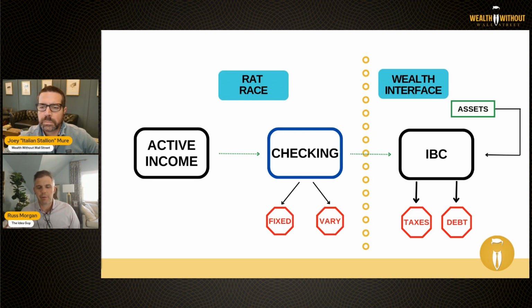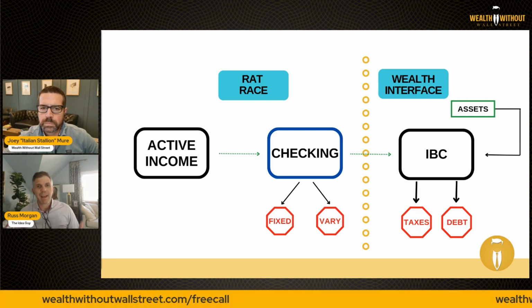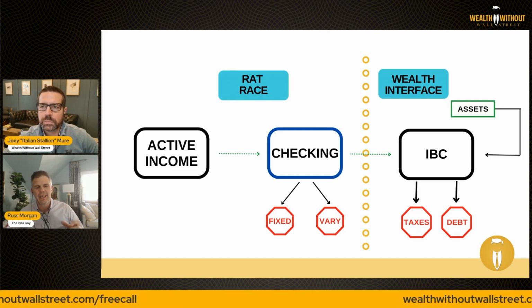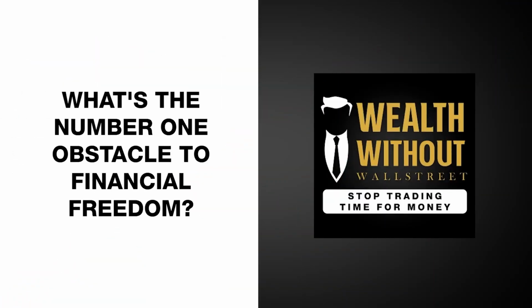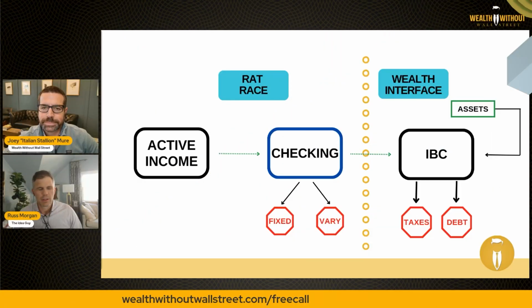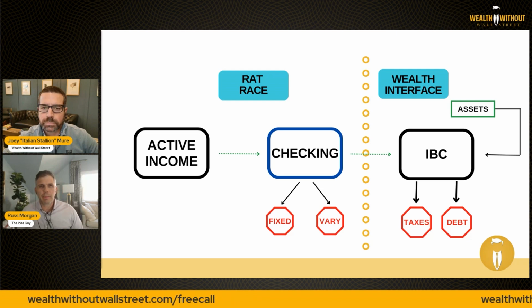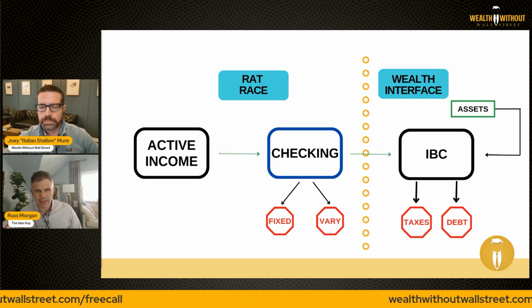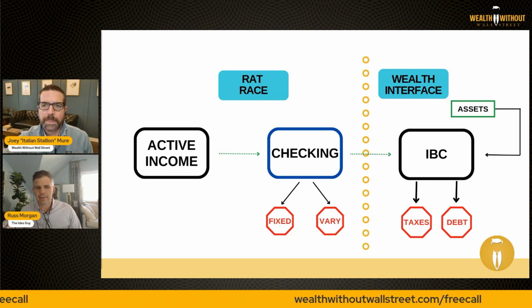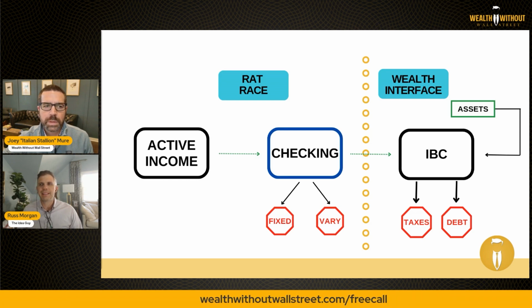Now, you've heard us talk about the infinite banking process and how Joey and I have built over $50,000 a month doing this exact process where we get our cash in our hands. Joey, what's the number one obstacle to financial freedom? Yeah, lack of access to cash. So when you get your money into a place that you can actually touch it, the infinite banking concept does that and delivers that, then now you get to start making decisions.